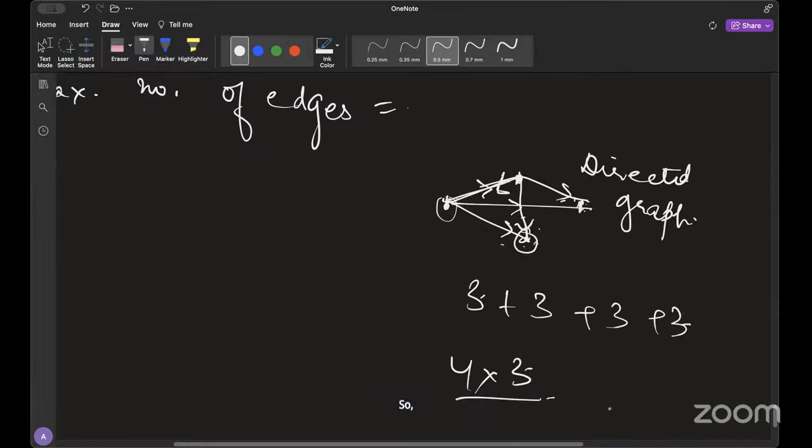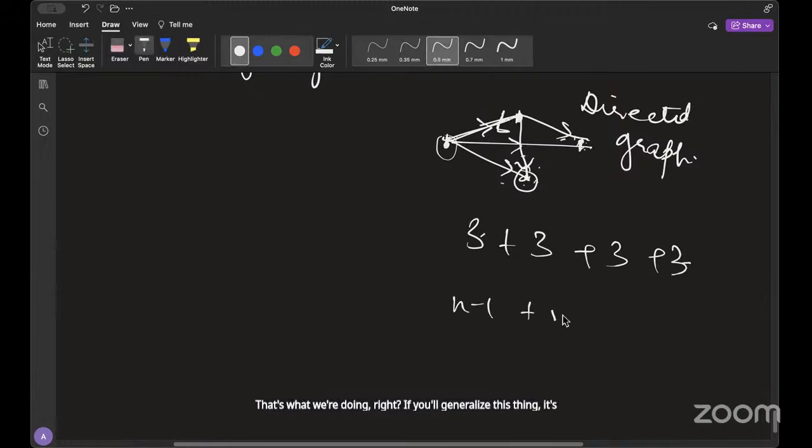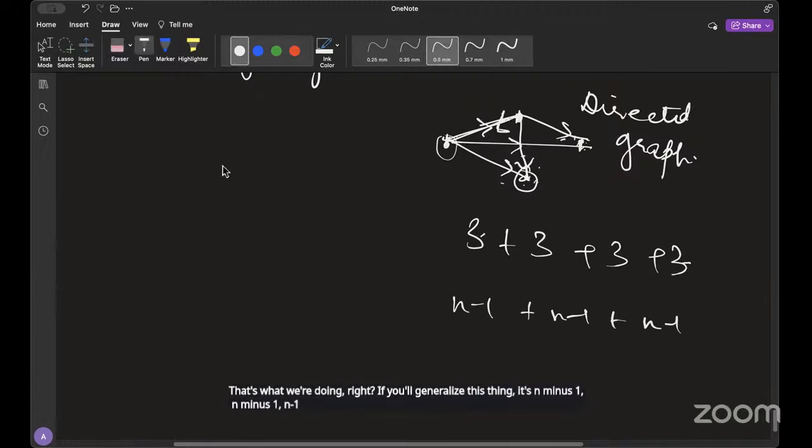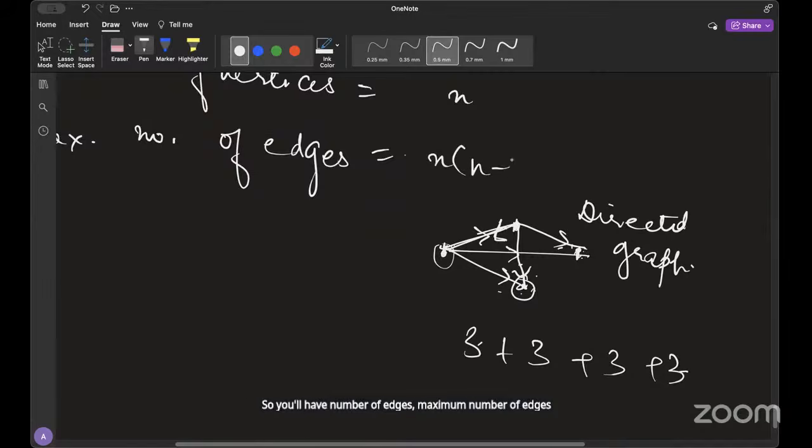So a simple formula would be n times n minus 1, because you will be adding n minus 1, n times. If you generalize this, it's n minus 1 added n number of times. So the maximum number of edges possible is n(n-1).